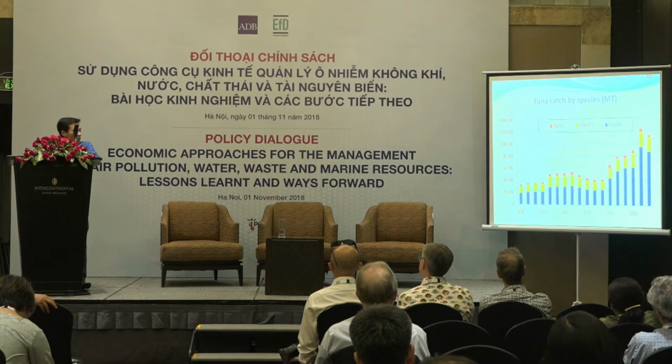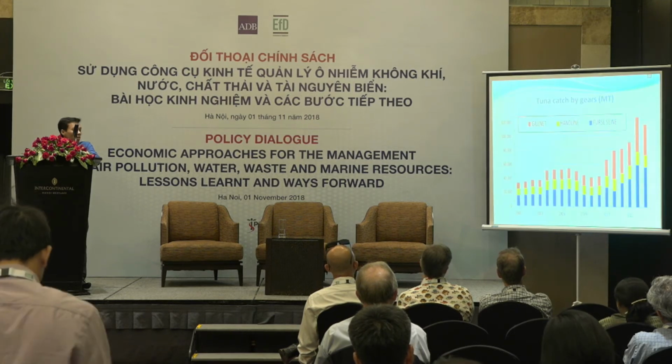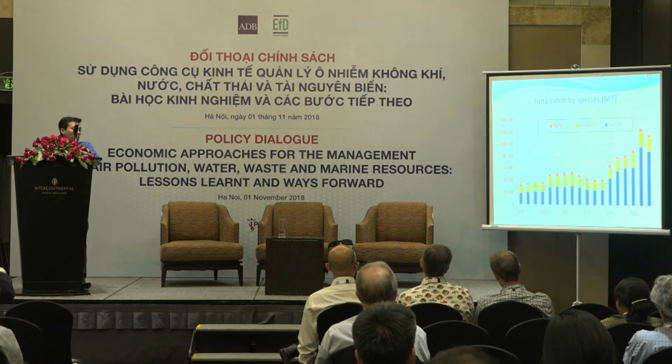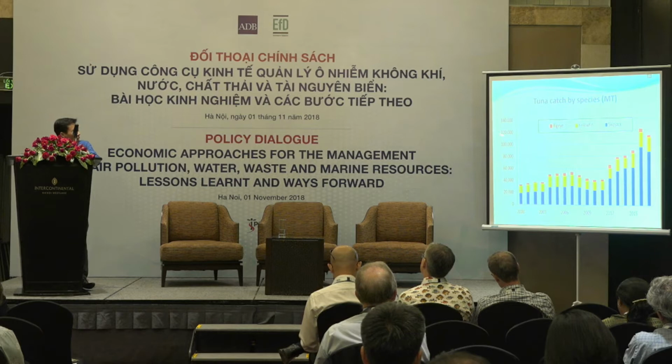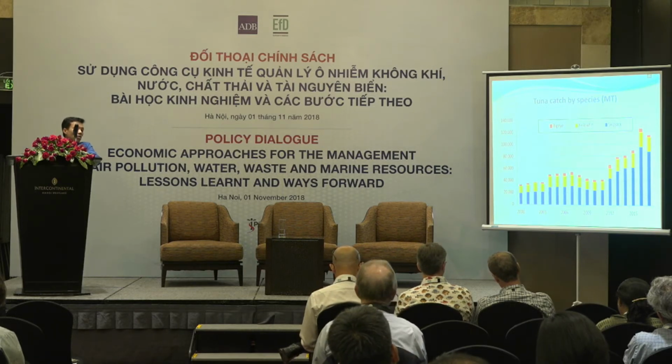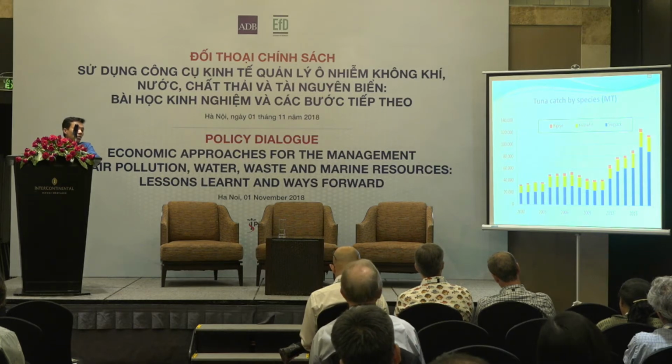This information is exactly similar to the previous one, but it's categorized by species. This is information for 2017. We have almost 110,000 metric tons. That is the total for the 3 species.